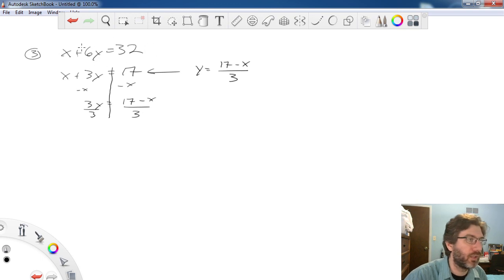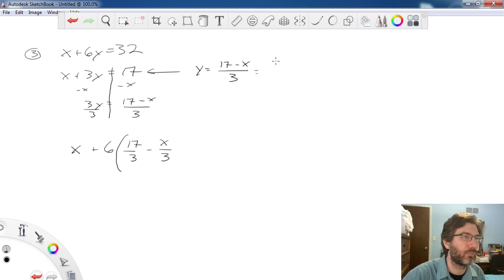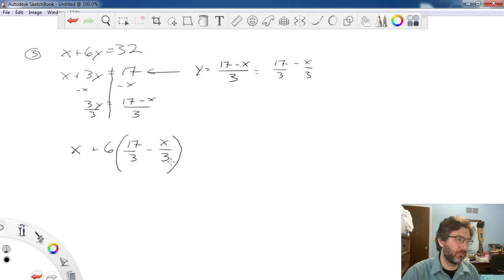With that, you're going to go ahead and substitute this in for y. Now don't forget your parentheses here, because you are going to have the distributive property there. So 17 over 3 minus x over 3. And again, you can break that apart, 17 minus x. If you want to write it as common denominators of 3, it might be helpful. It might not.